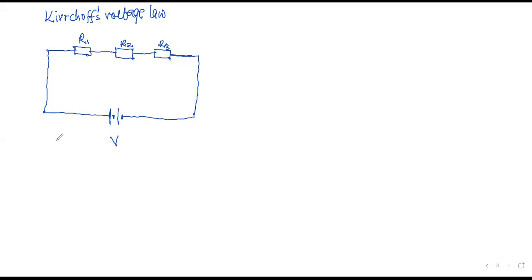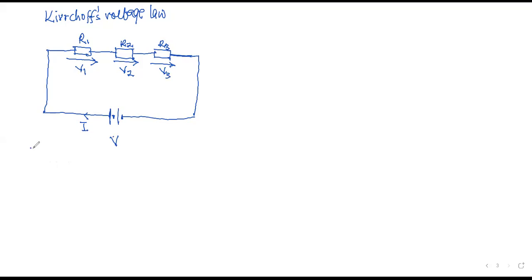Kirchhoff is saying that once you have a closed circuit, and don't forget, a closed circuit is one of the conditions required for current to flow, if you have a closed circuit, then when you sum up all the PDs across the resistors or the loads within the closed circuit, it must be equal to the source PD.